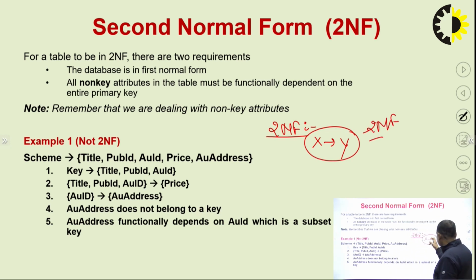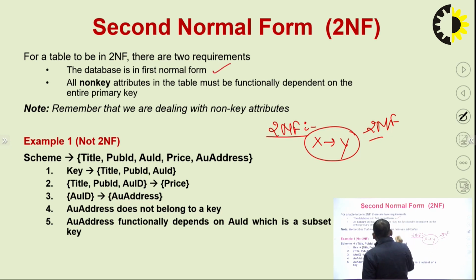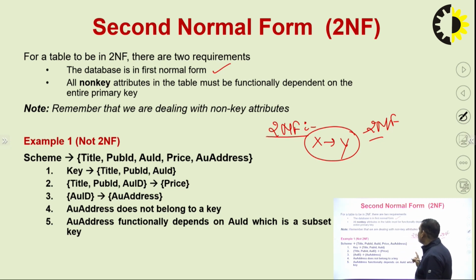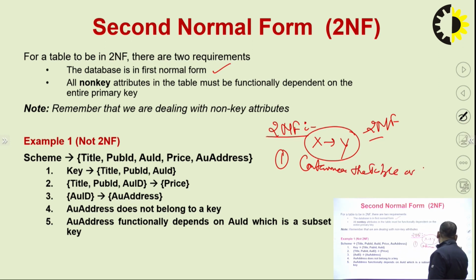So for second normal form, the first condition is that the table or database must be in first normal form.